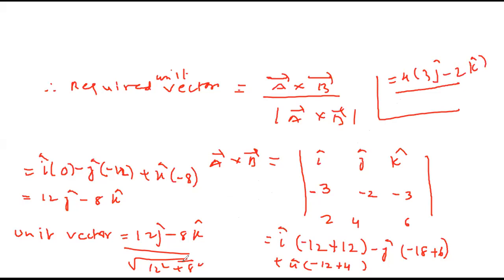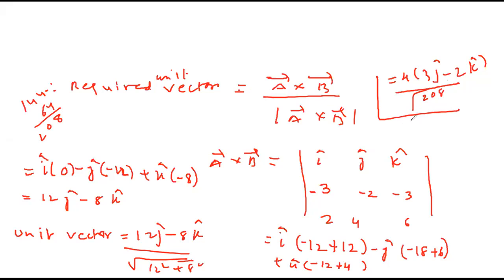144 plus 64 कितना हो जाएगा? 208. The root of 144 and 64 is 208.